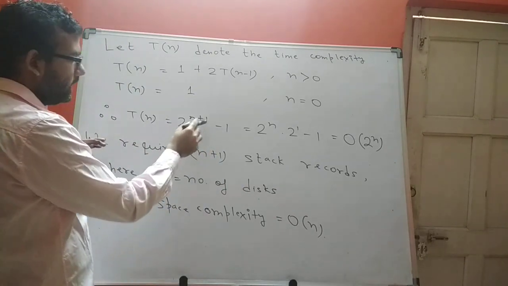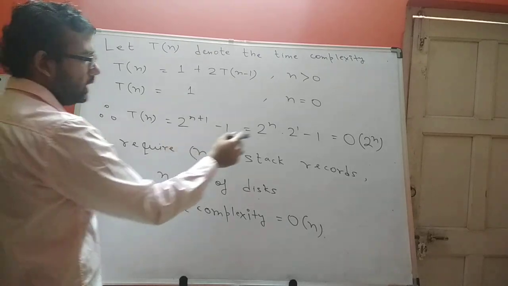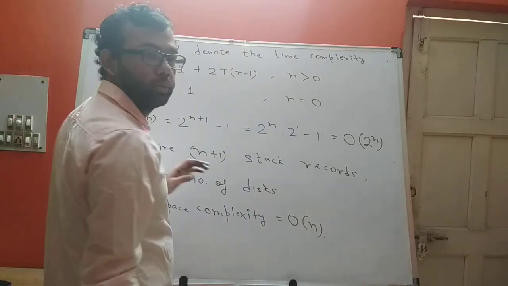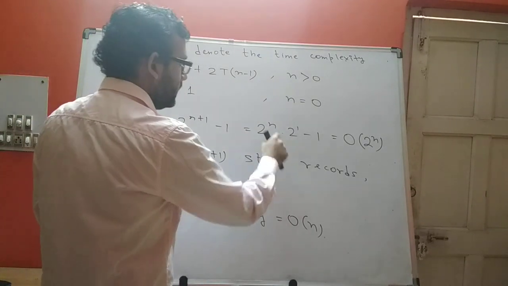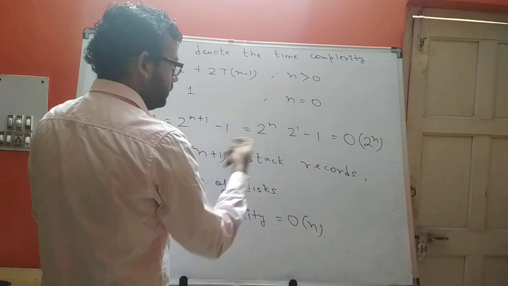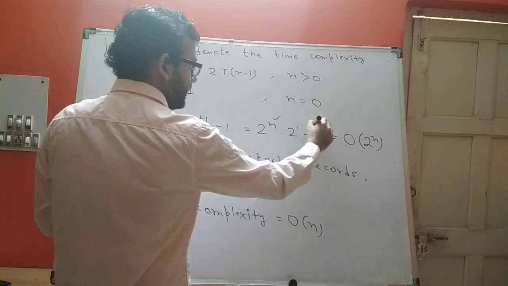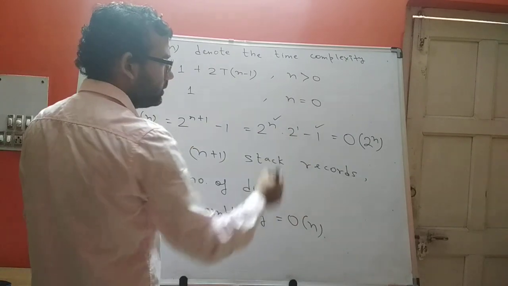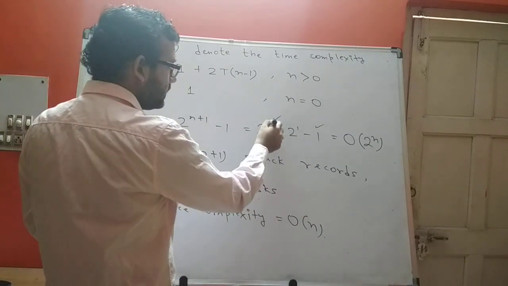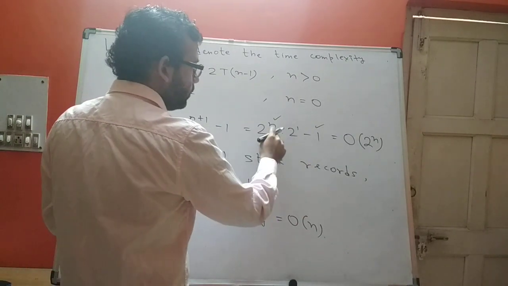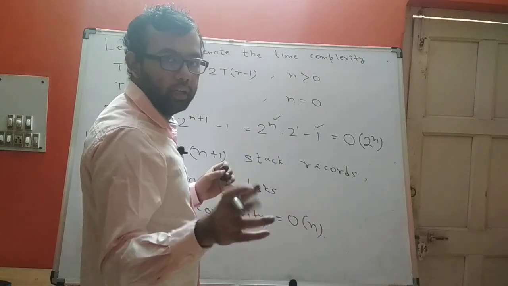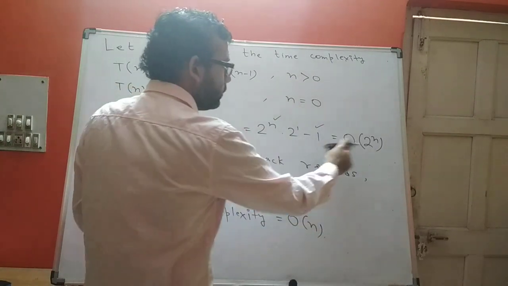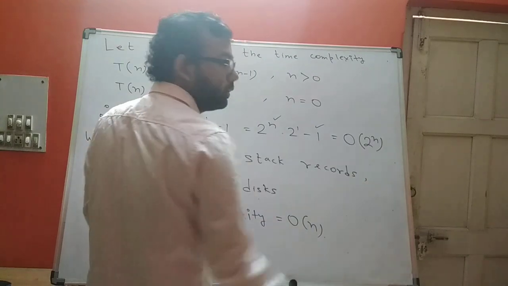Now, if you take this term 2 to the power of n plus 1, you can get 2 to the power of n into 2 to the power of 1, minus 1. Out of these two terms, which is the leading term? The leading term is 2 to the power of n. Only the leading term contributes to the time complexity. So in the worst case, you would get order of 2 to the power of n.